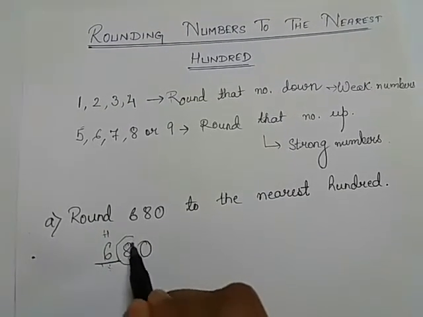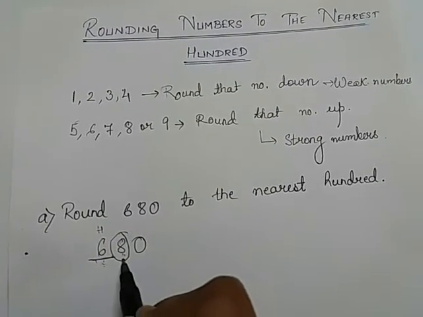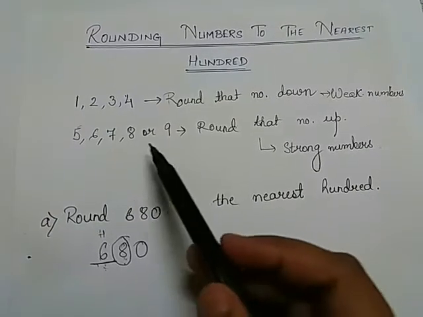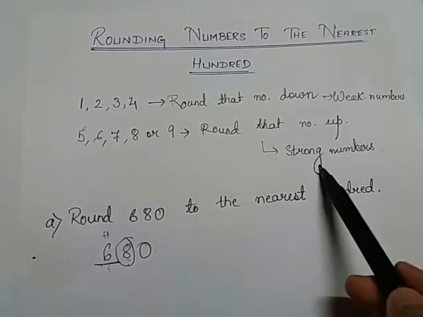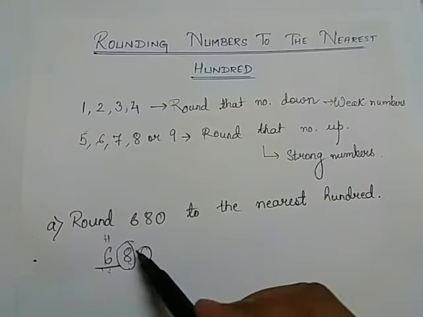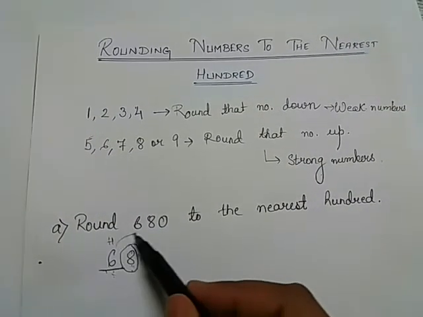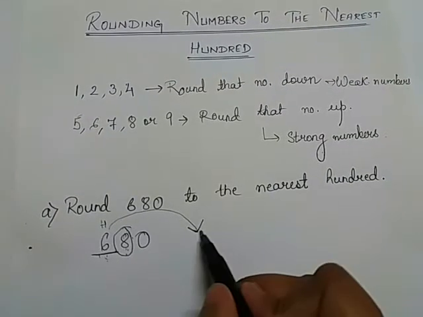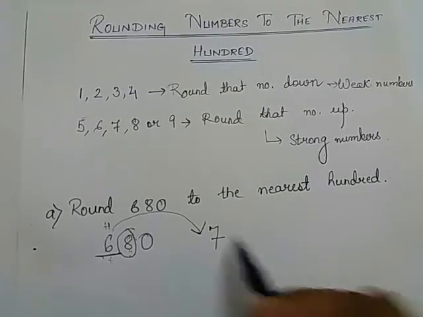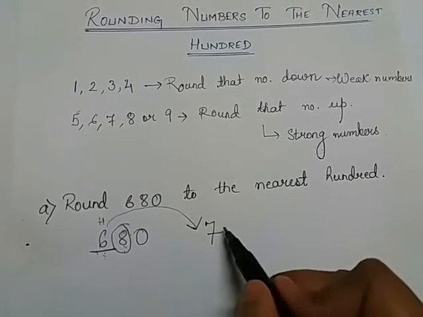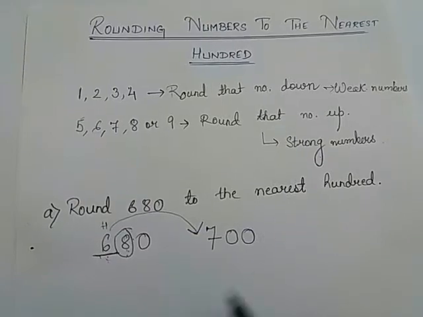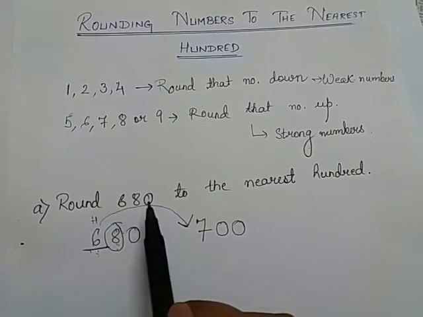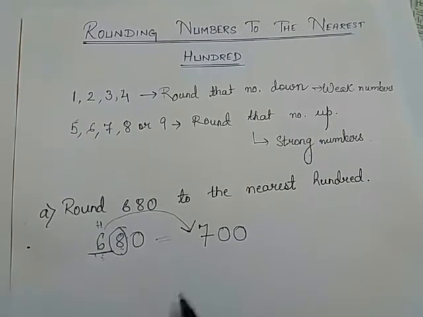Let's see whether this number comes under the weaker group or the stronger group. So naturally, 8 is in the stronger group. That's why it will pull the digit up. As a result, 6 will become 7 and the rest of the place values will get 0 automatically. So this is how we can say that the round off of 680 is equal to 700.